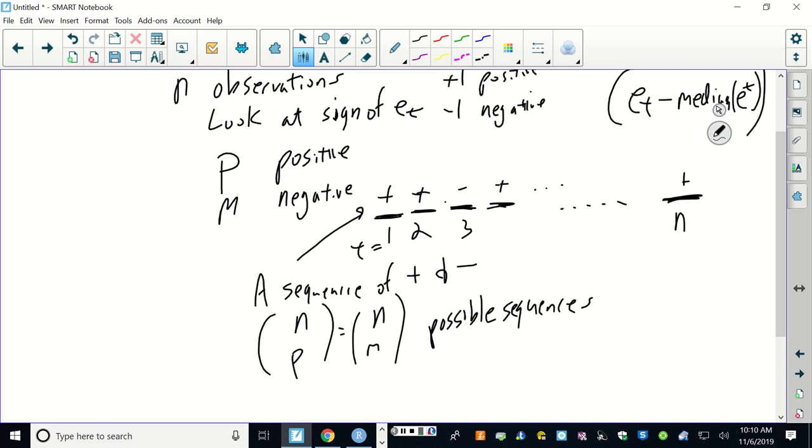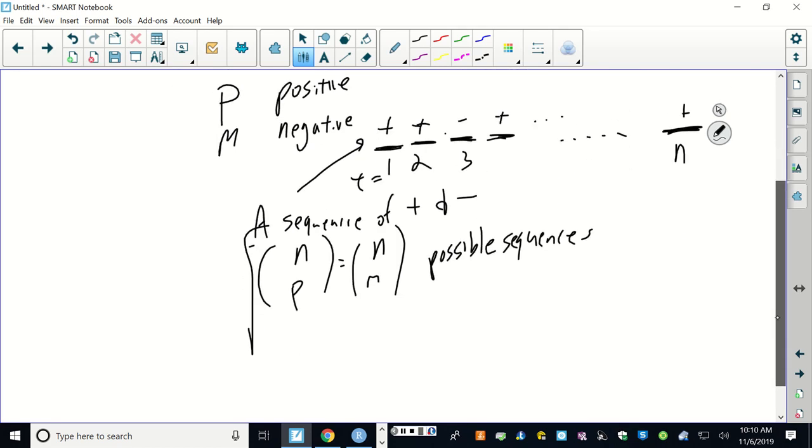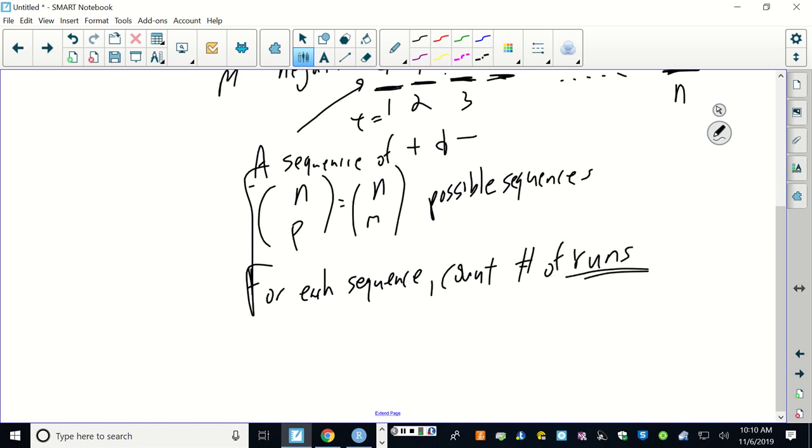And the placement should be totally random, right? And for each sequence, this test counts the number of runs of positives and negatives.